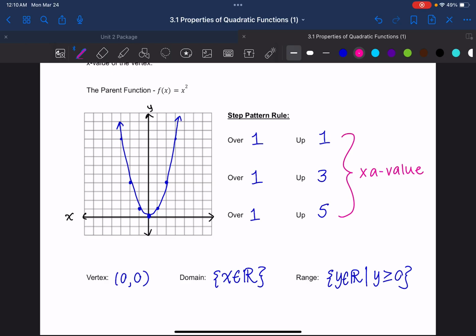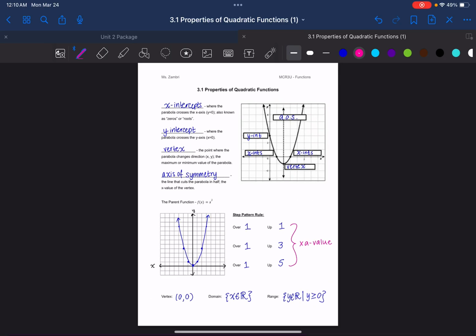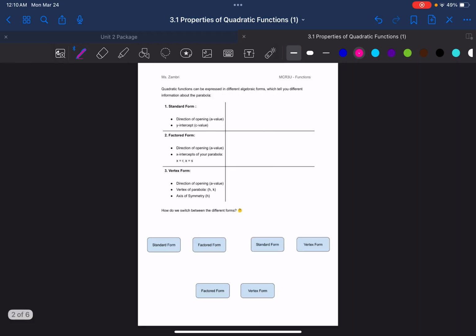But if my a value was 2, so like 2x squared, I would times everything I'm going up by 2. If it was -3, the negative just means that I would be facing downward. So I'd be going down in my step pattern rule, but I would still be timesing all of these values by 3. So you're going to see that in an example coming later in this lesson.